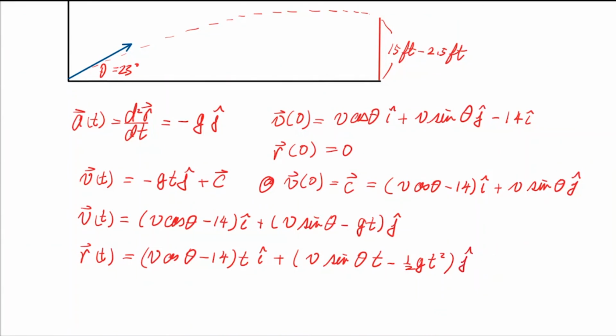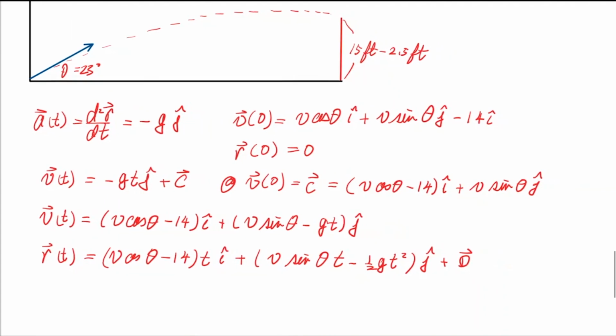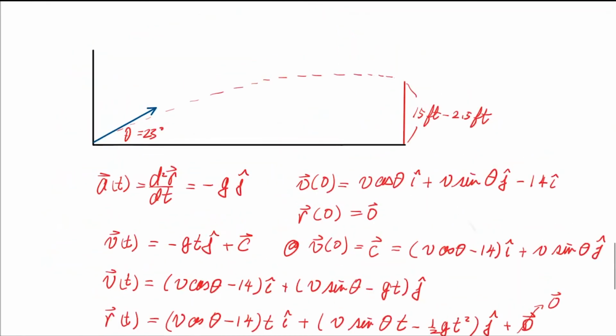And j vector plus D, another constant. And then if we plug in 0 here, all of that becomes 0, so we just have D is equal to 0 vector. So this is 0 vector. You get it? So there you have it. This is the A part.